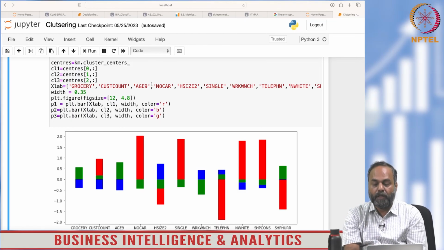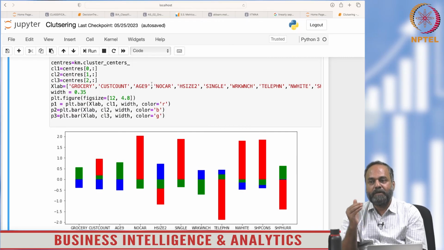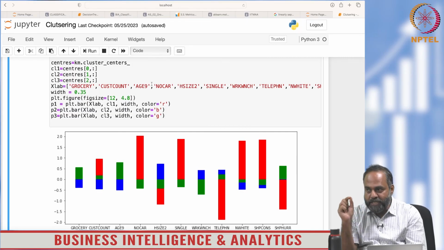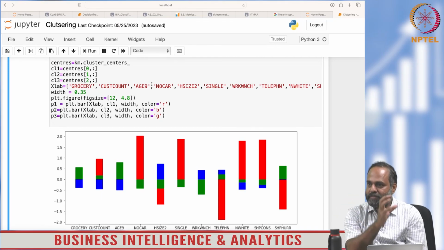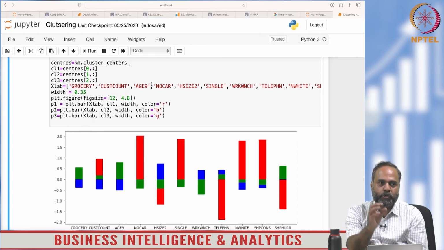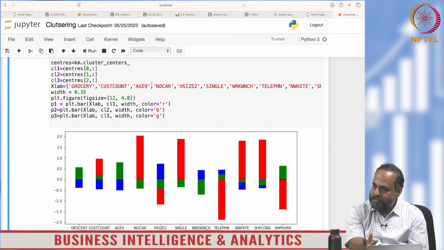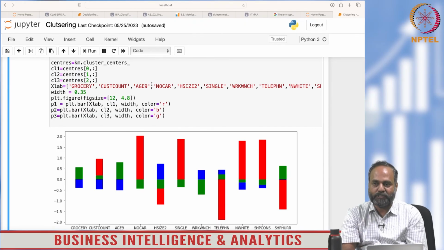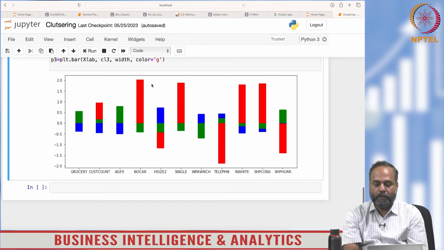But as I said, if you fix the initial seeds using an initial solution like Ward's method, determine the centroids of the solution given by Ward's method, and use those centroids as starting seeds for k-means, then everyone uses the same seed and your solutions will match. That may be one approach suggested in literature. All right.